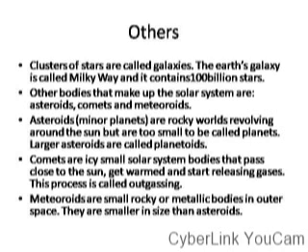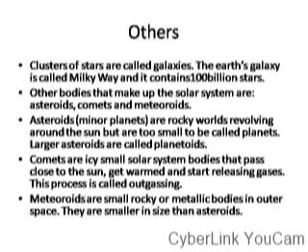So if you are talking about rocky substances that revolve around the sun, we are talking about asteroids. If we are talking about small solar system bodies that move close to the sun and release gases as a result of the heat they absorb from the sun, then we are talking about comets.